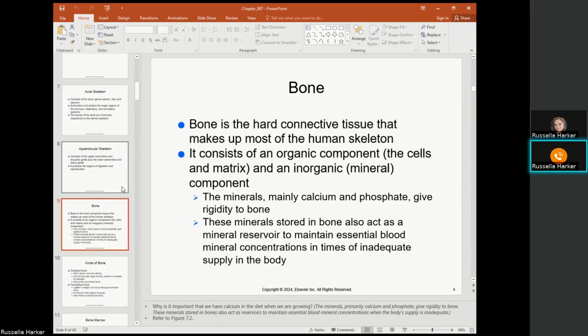So it's essential that we have the right amount of calcium in our diet, because calcium is constantly leaving our bones through our bloodstream, and we need to replenish that calcium in our bones. The minerals stored in bone also act as a mineral reservoir to maintain essential blood mineral concentrations in times of inadequate supply in the body.